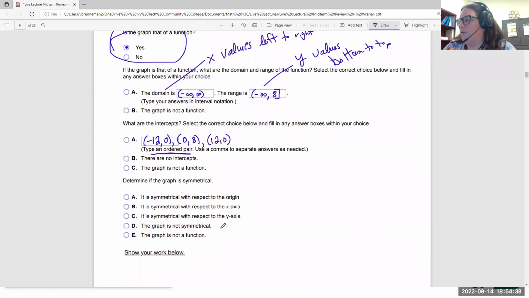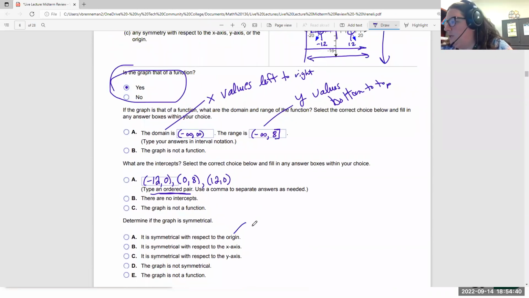All right, then the symmetry. Symmetry with respect to the origin is rotational. So you have the origin, you have whatever the graph is doing over here. It has to have a corresponding piece rotated 180 degrees around the origin.